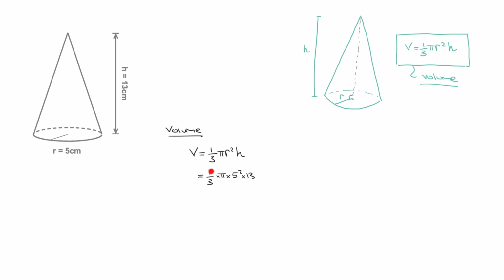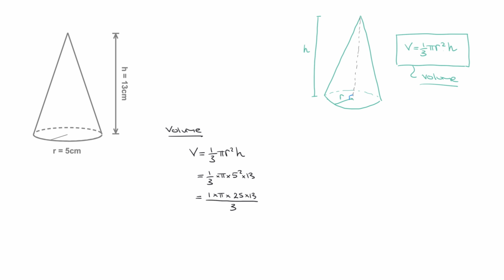Indeed, all 4 of the terms we have at the top here will end up on the numerator, and the 3 that we have here will be on the denominator. In other words, this can be rewritten as 1 times pi times 5 squared, which is 25, times 13, and all of that's written over 3.